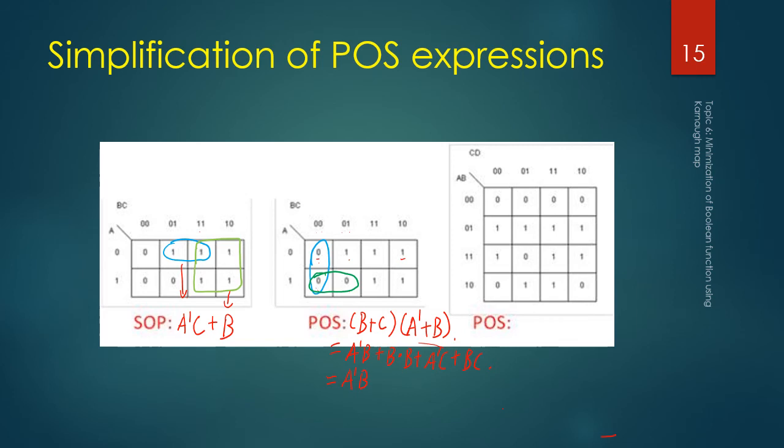B and B should equal B. So we see that these terms all have B's. Combine them together using the distributive law. So we get B times (A prime or 1 or C or A prime C). We know the thing in the parentheses equals 1. So this just equals B or A prime C. Basically this is the same result as SOP, so we prove that they are equivalent.